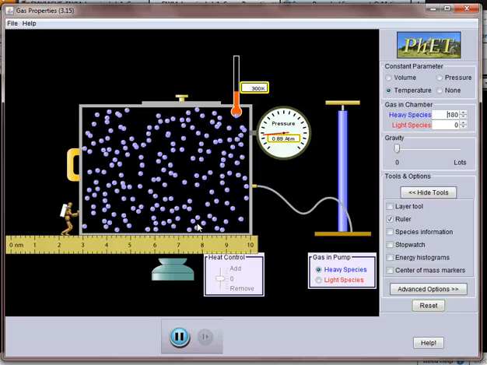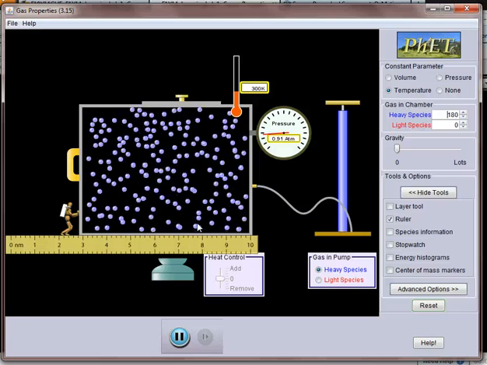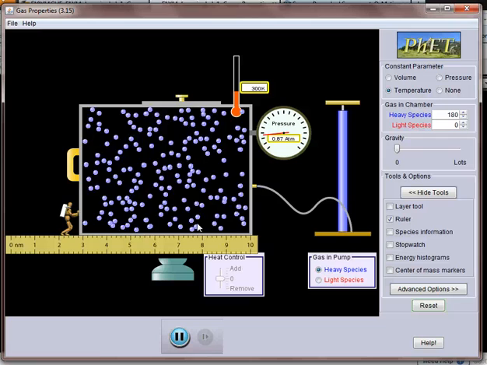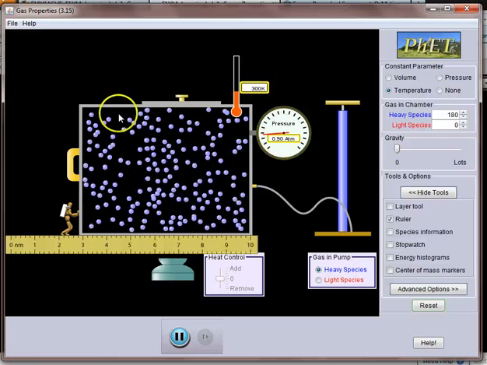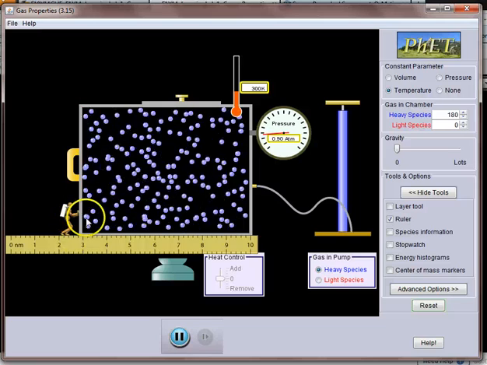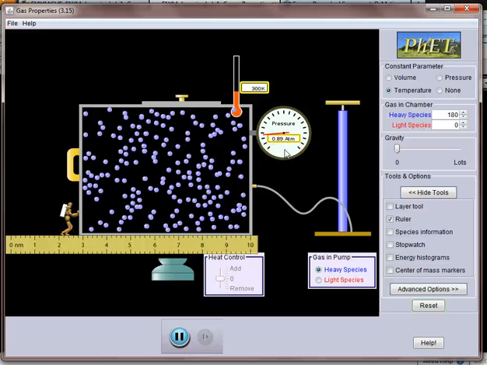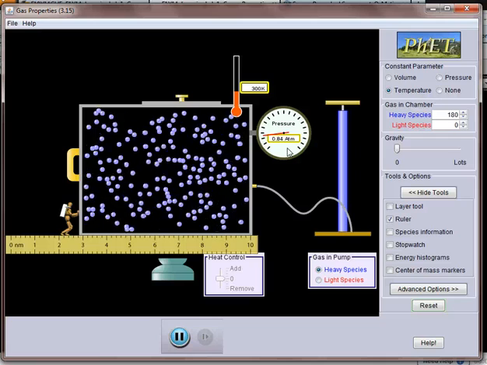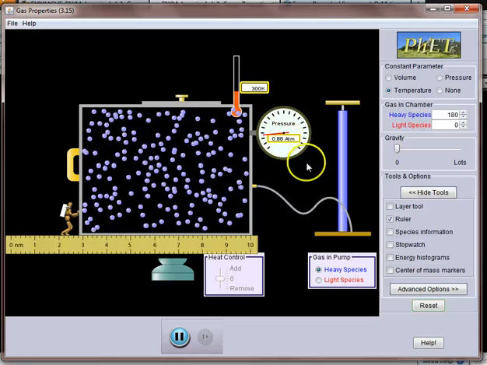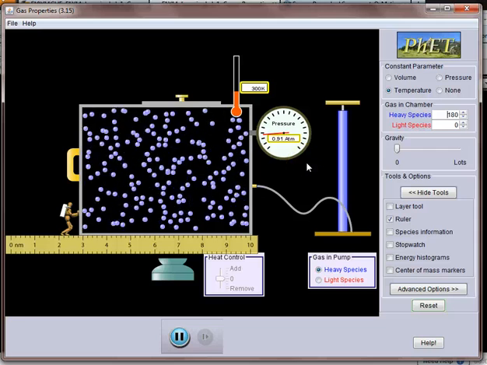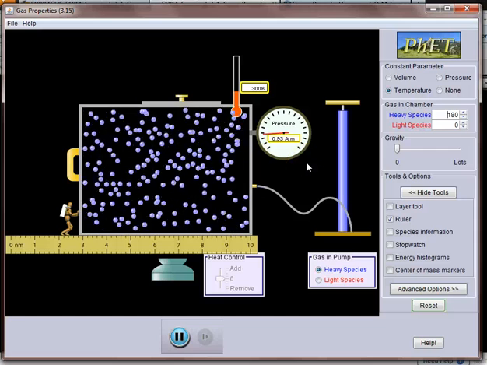Now, can we say if we change the gas to some other gas, we should see the same thing, right? We should see that at this constant temperature, at this volume, the pressure should be the same for any other gas, correct?